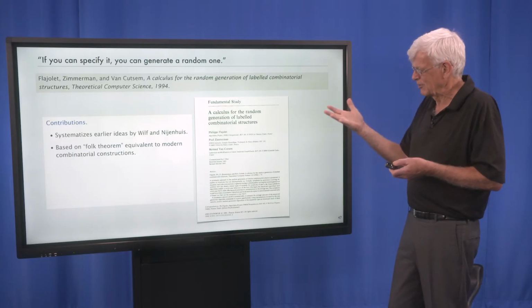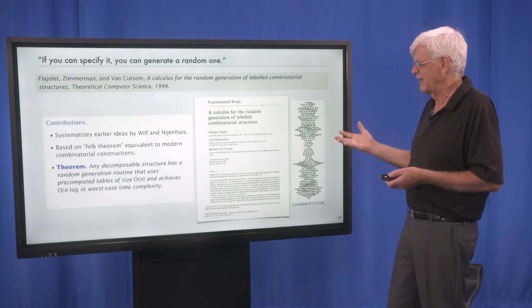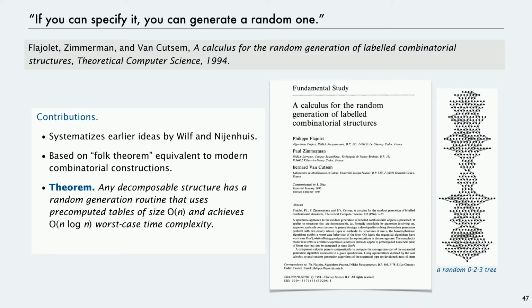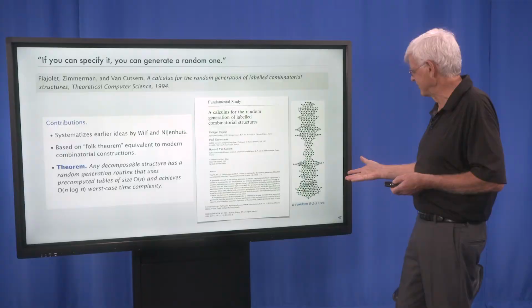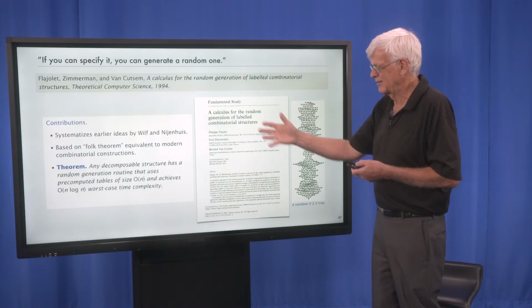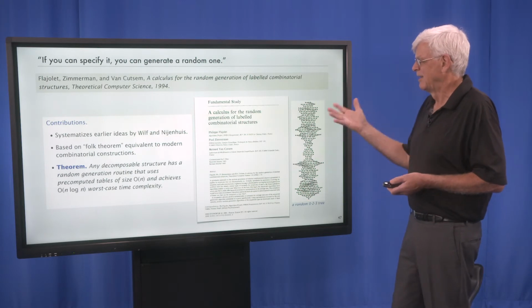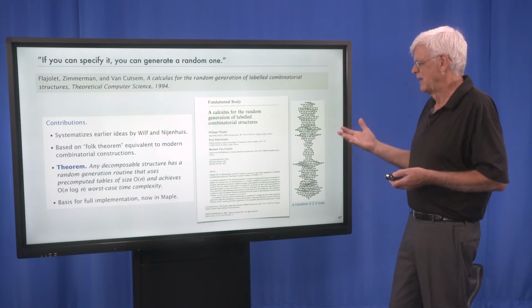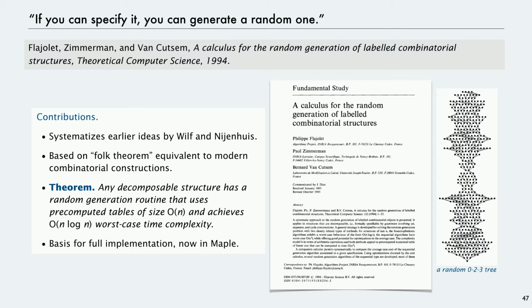This paper proved theorems that said that with pre-computed tables of size proportional to the size of the structure, and with n log n time complexity, you can generate really any decomposable structure. This is a random 0, 2, 3 tree produced according to these ideas. A very, very significant paper, and it's the basis for full implementations that have been used for decades.